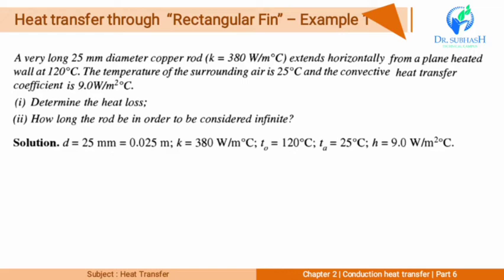Atmospheric temperature denoted by TA is 25 degree centigrade, and the convective heat transfer coefficient denoted by h is 9.0 watt per meter square degree centigrade.